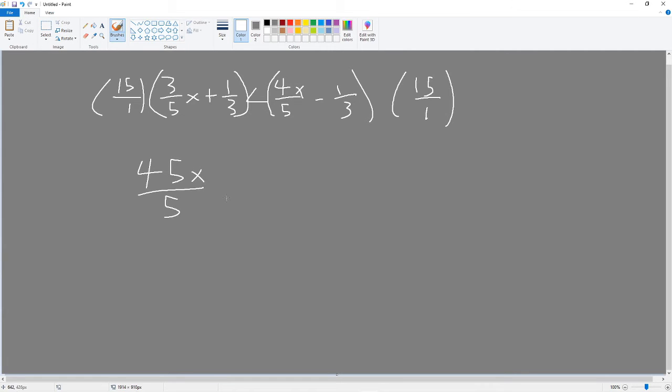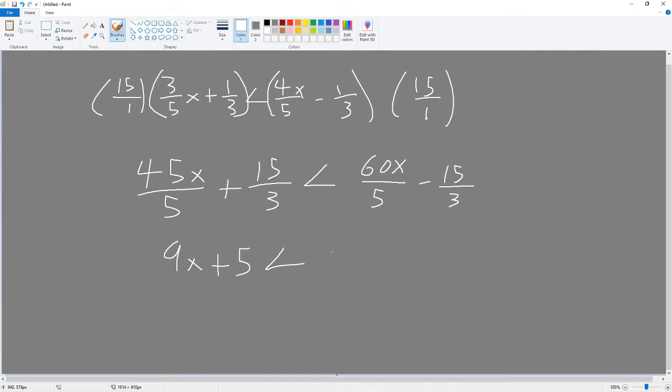Let's just watch what I'm doing. You can see that all these simplify. 45 divided by 5 is 9x, plus 5, is less than 12x minus 5.